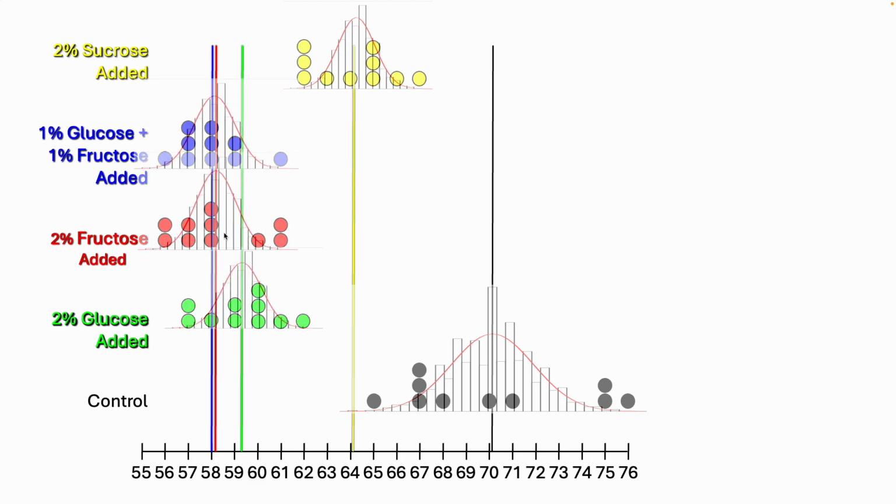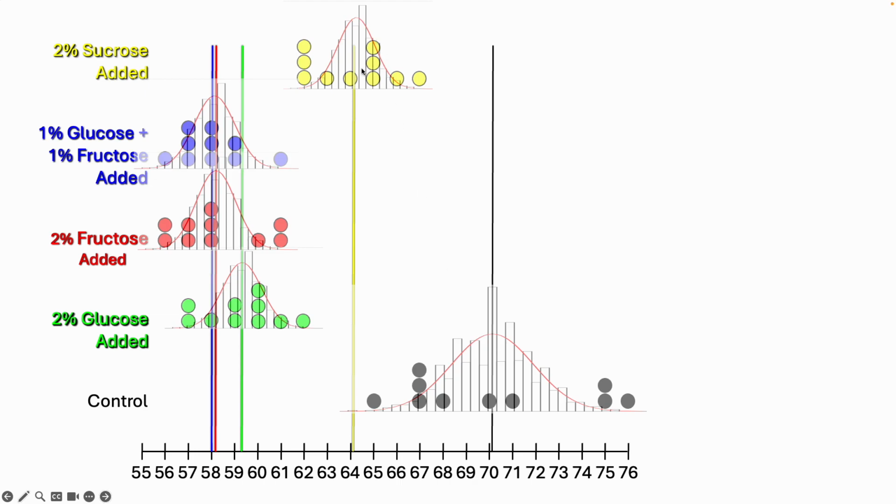The question is, are the means far enough apart that this mean does not fall within the 95% confidence interval of this distribution of sample means? So that distribution of sample means is a function of variation within that sample.